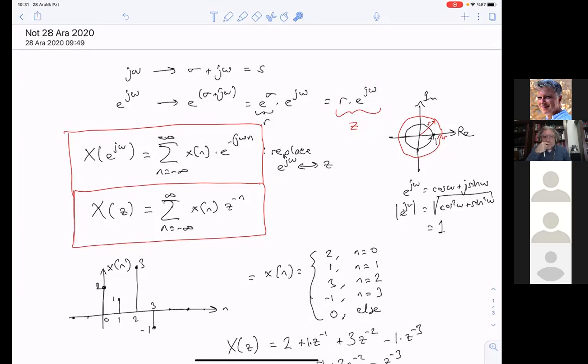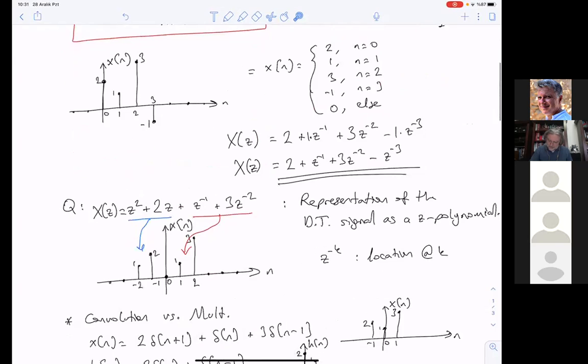Do you have any answer to this? No. Doğukan says 1. It may be equal to 1 if z is equal to e to the j omega. Yes, now it's more correct, Hasan. It's not e to the j omega anymore. It's r times e to the j omega. Therefore, the magnitude of z is r, the radius.